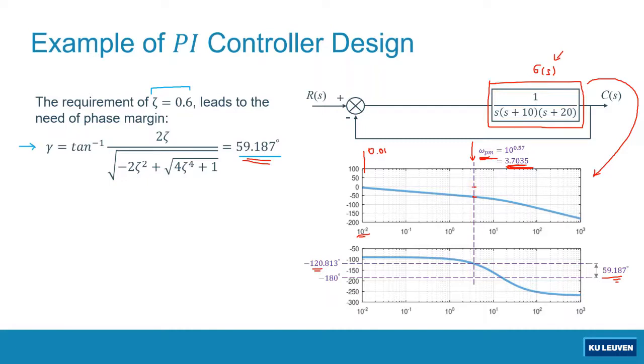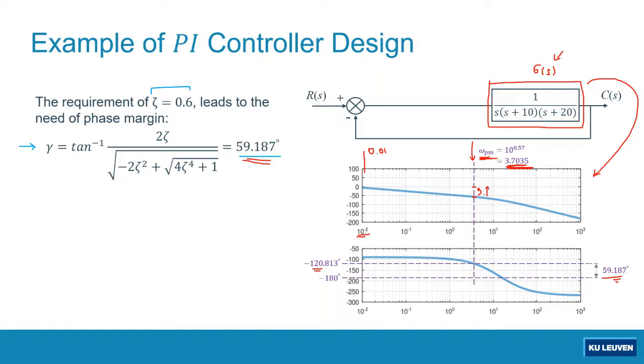So this phase margin frequency equal to 3.7 radian per second will happen only if this point is located at this point, right? This will happen if, in other words, the magnitude plot is shifted up about this size.